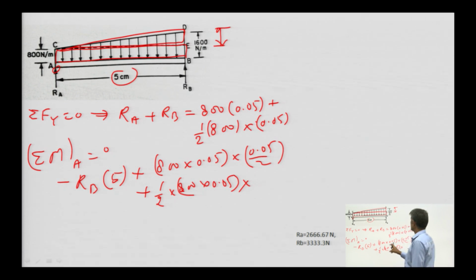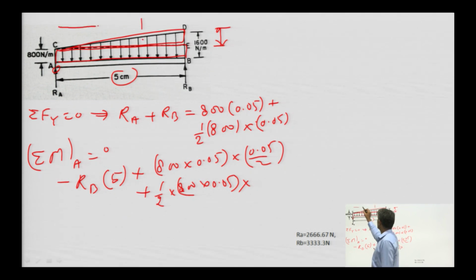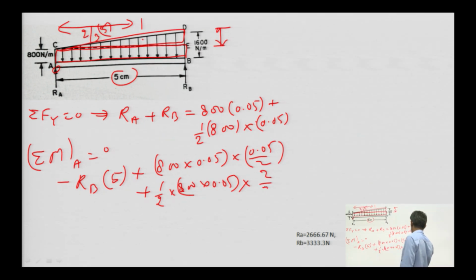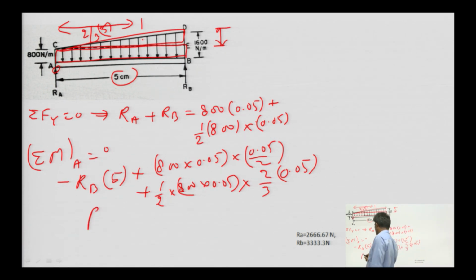into this, and what will be the CG? The perpendicular distance will be this one, so it is 2 by 3 into 5 centimeter, so 2 by 3 into 0.05. Here you can calculate the value of RB.